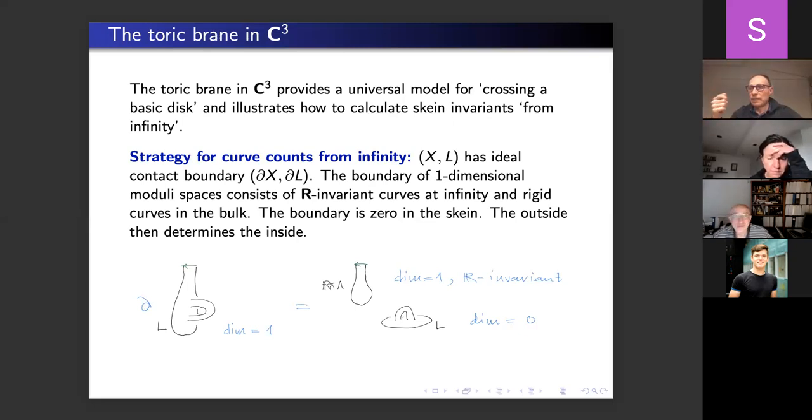And now, because we have a 1-dimensional moduli space of curves, its boundary has to be 0 when we count it. Its boundary is 0 in the skein.